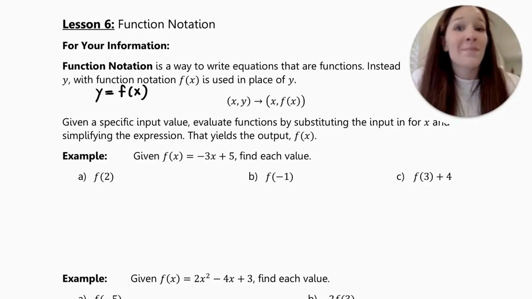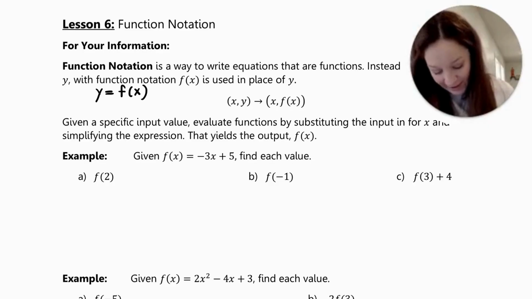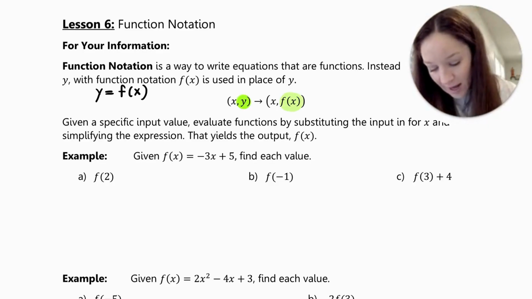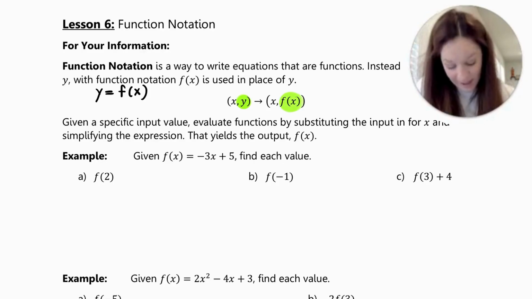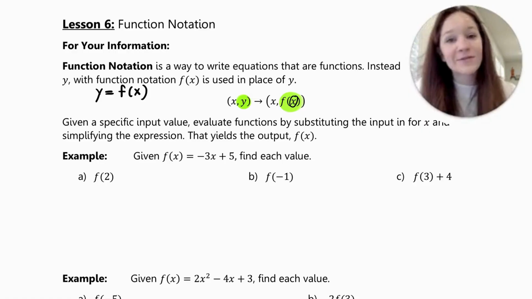It's just dressed up in a Halloween costume, but underneath all that fancy f of x business, it's still just y. So instead of seeing x comma y, you're going to see x comma f of x. And that f of x is representing that y. I always say, y in disguise, right?